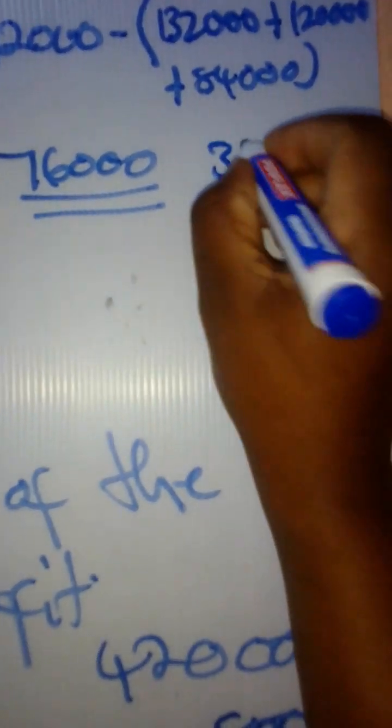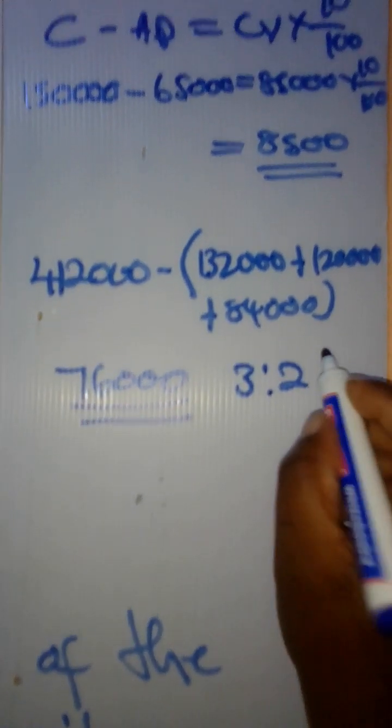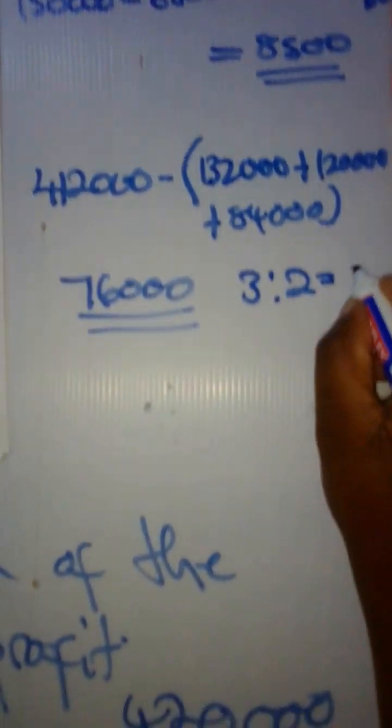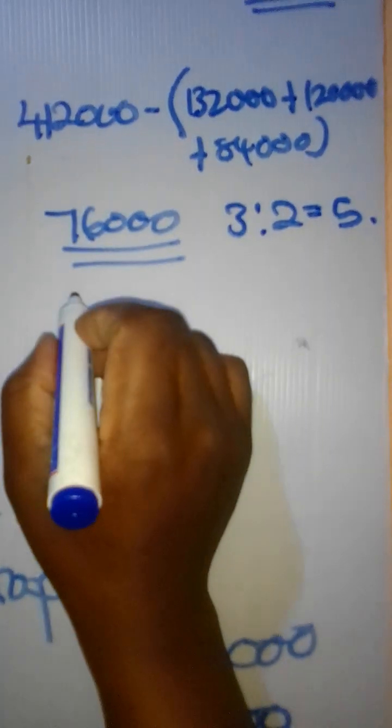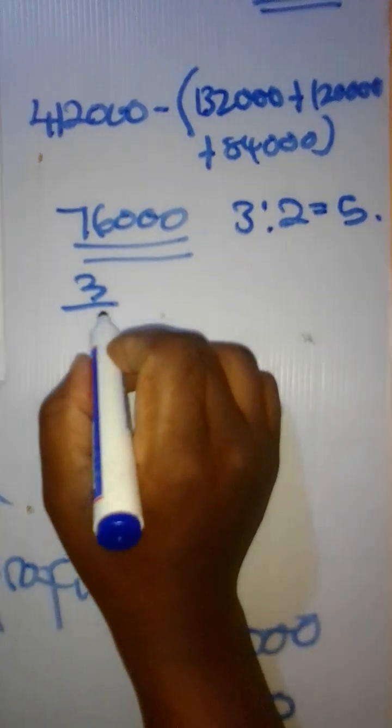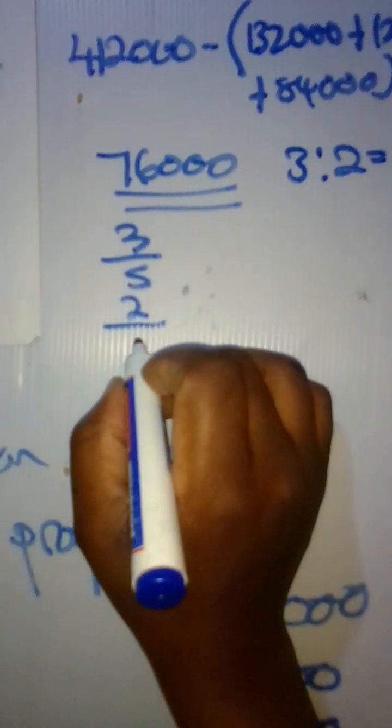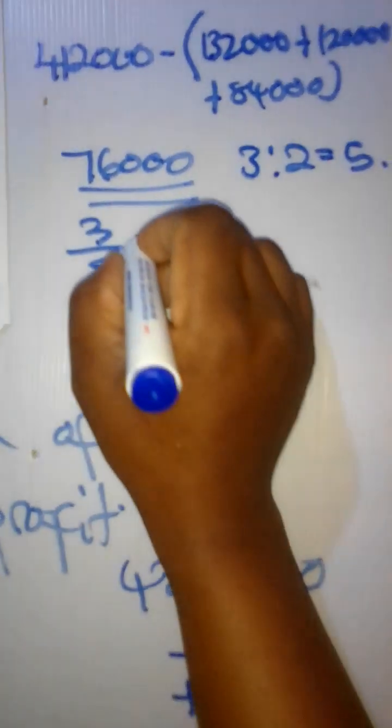So we need to distribute this money 3:2. Remember, when you are working with a ratio and you want to distribute, the first thing that we do is to add the ratio, which will give us 5. So Gray is going to get 3/5, and Simon is going to get 2/5 of the 76,000.